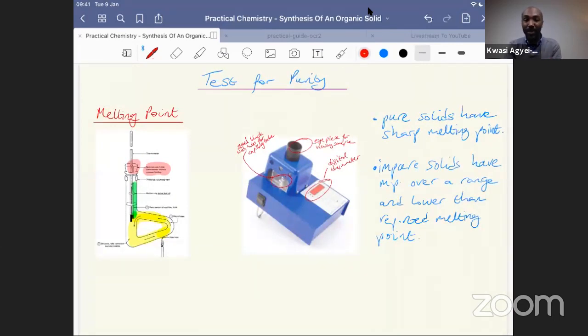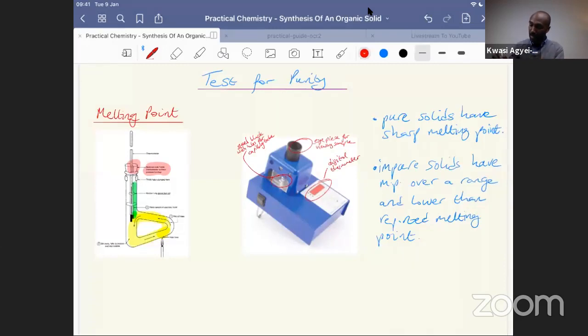Now, another thing that is important when taking melting points is to ensure that as you approach the melting point, if the melting point is known for a substance, you slow down the rate of heating.